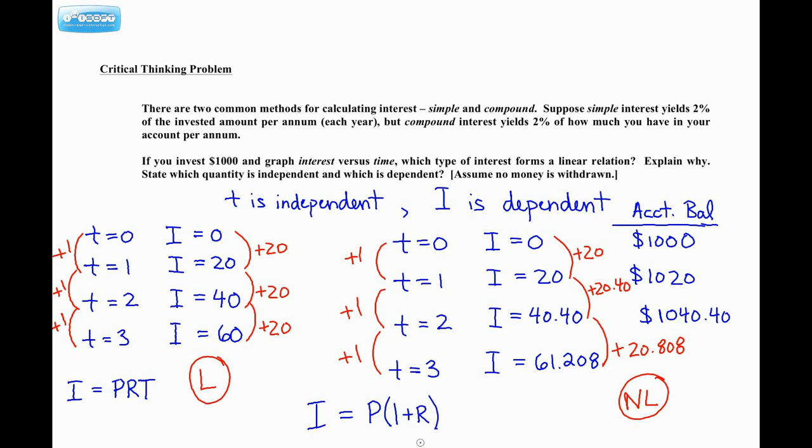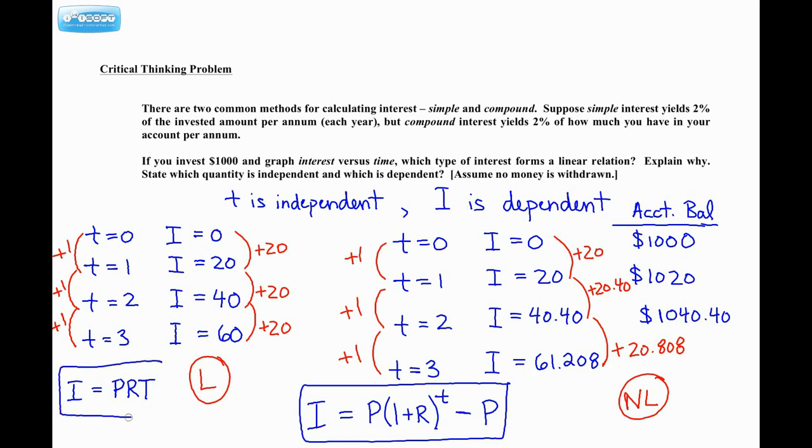The rate in our case was 2%, so this would be 0.02, and you raise that to the power of t, where t is in years. This actually gives you your account balance, but if you just want the interest earned, you then subtract off the principal. So that gives you what you earned in interest. So that's compound interest, and this is simple interest.